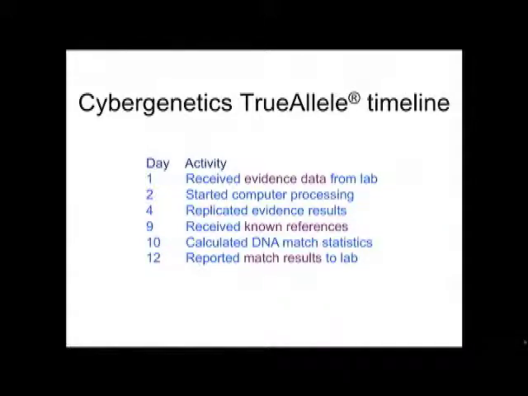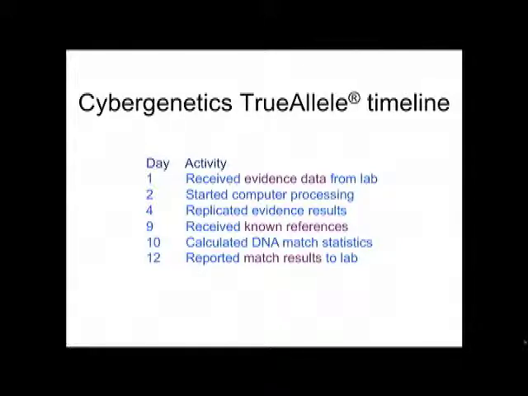So all of the evidence processing was done, and we were just waiting for the known references. On day 9, we received the known references and can then make an objective comparison on day 10 between the evidence genotypes and the reference genotypes in order to calculate DNA match statistics. And then on the 12th day, we reported the match results in a preliminary report back to the laboratory.